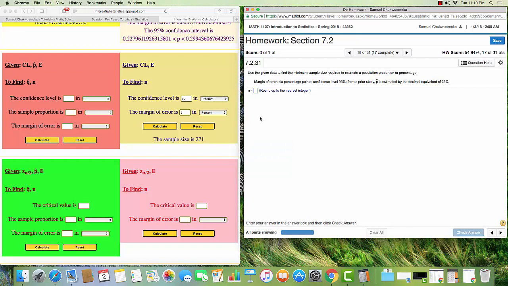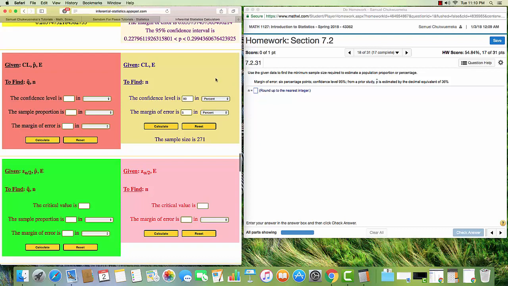Question 18, they ask us sample size. So I'm just going to use my calculator to solve this. Margin of error is 6%. Confidence level is 95%. Then it says here, from a prior study, the sample proportion is estimated by the decimal equivalent of 36%.